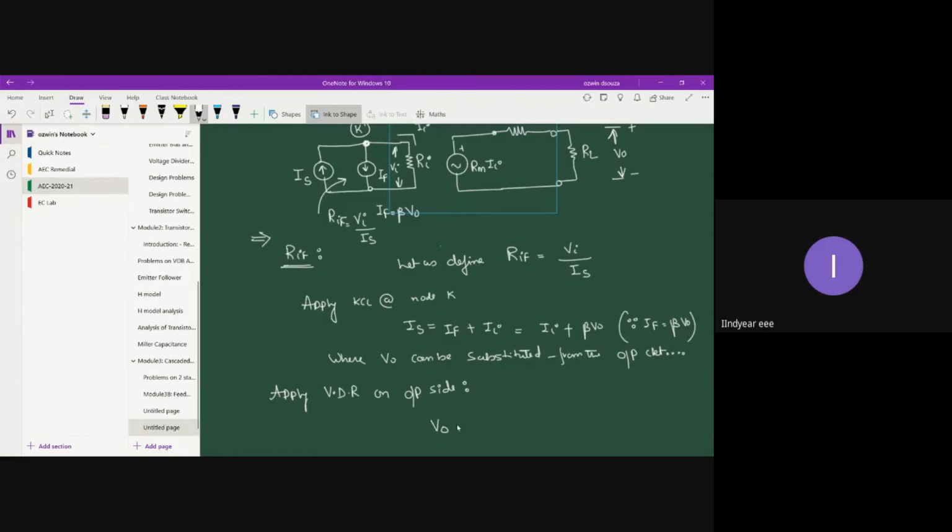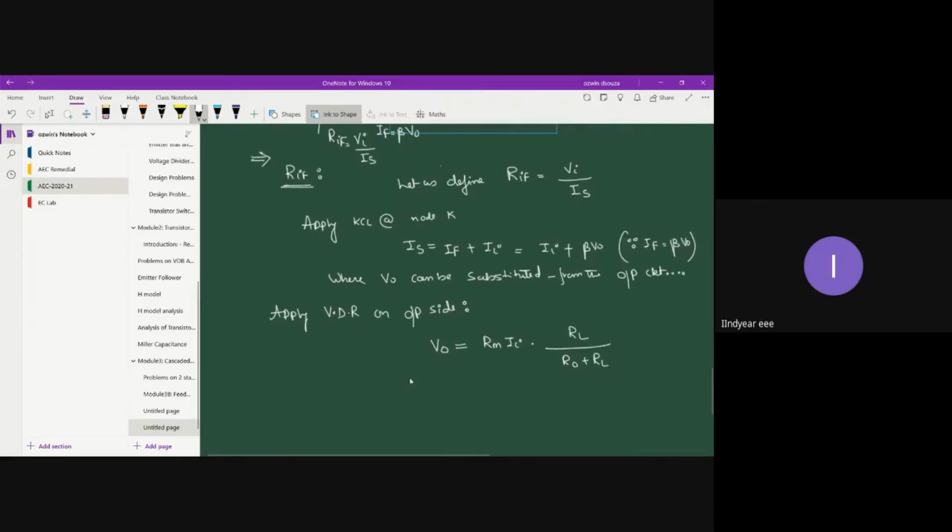You get V0 is equal to source voltage, which is Rm times Ii into RL divided by R0 plus RL. Okay. Or let's say if your RL is very large in comparison with R0, your output voltage V0 is approximately equal to Rm times Ii.